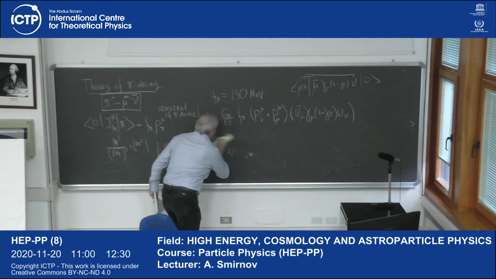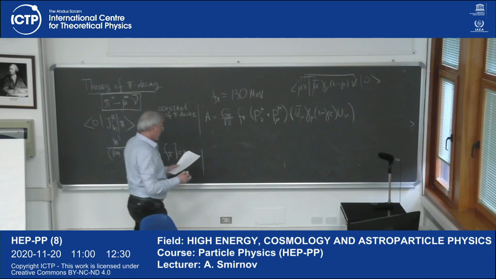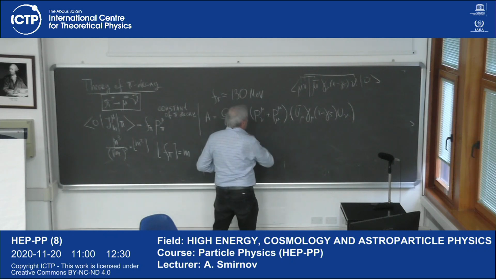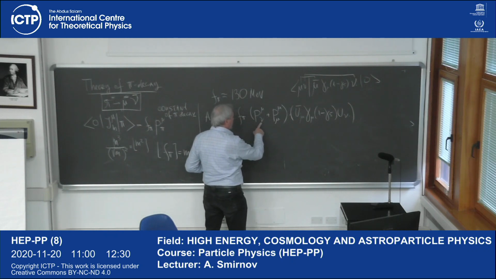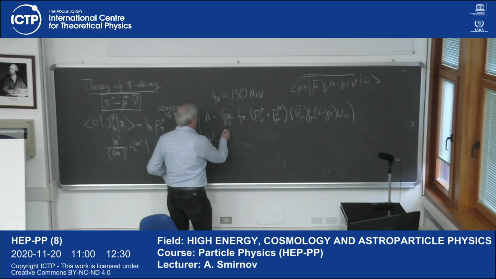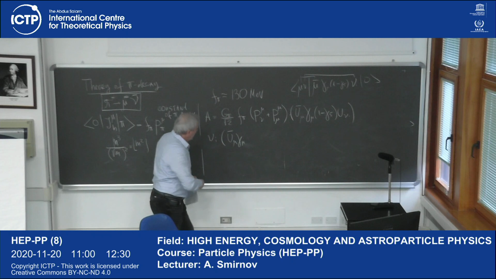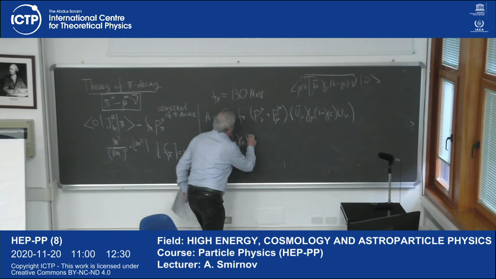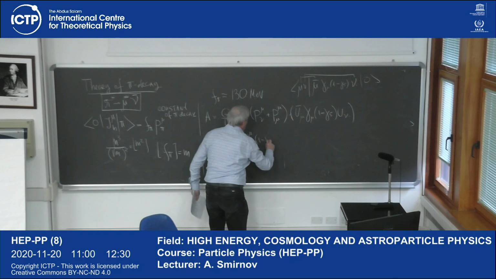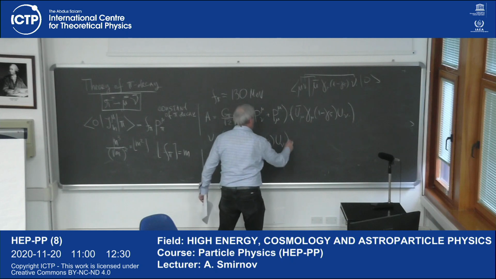Now, next step. And remember this trick. Please remember this trick. It may be very useful. So we have two terms. One is with the momentum of neutrino, and another is with the momentum of muon. So let us consider them separately. For the neutrino term, what I have here is ū_μ γ^μ, and I put here P_ν, here is 1 minus γ^5, and here is v_ν.